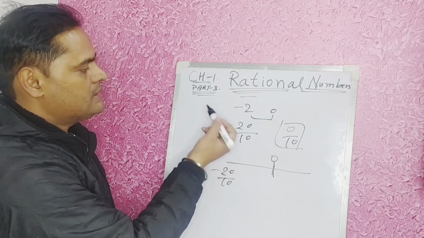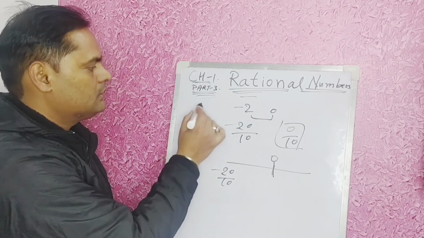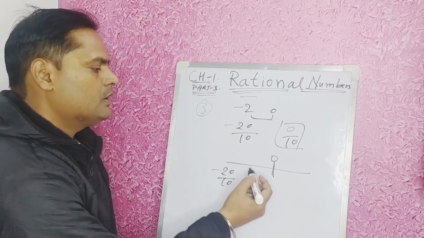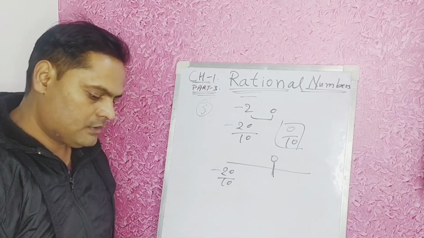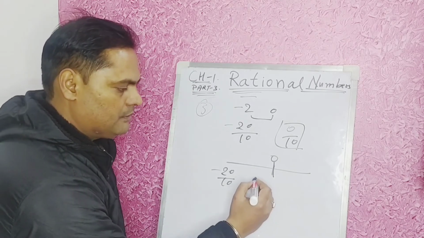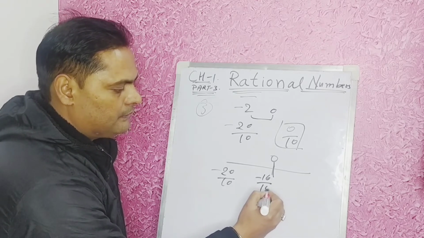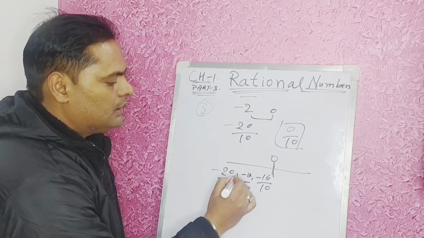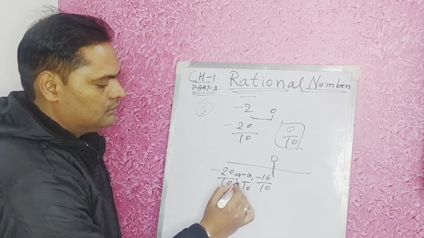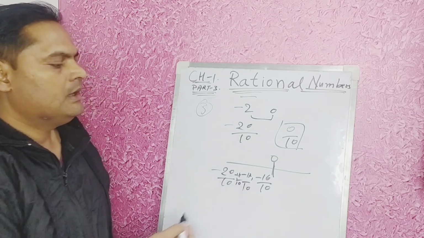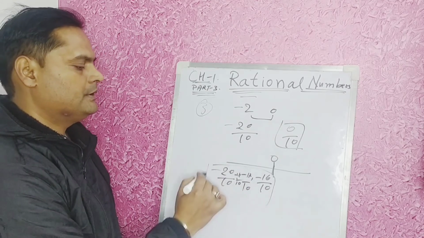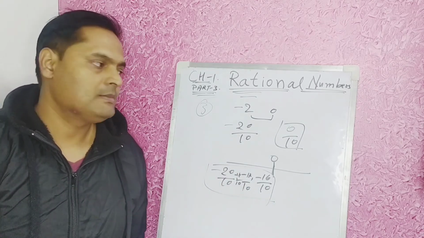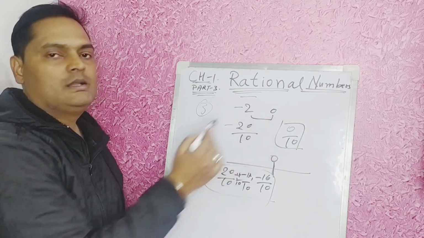It's asking for only 3 rational numbers, but you can give any number of them, like -16 upon 10, -17 upon 10, -18 upon 10. Likewise you can give n number of rational numbers in between -2 and 0.